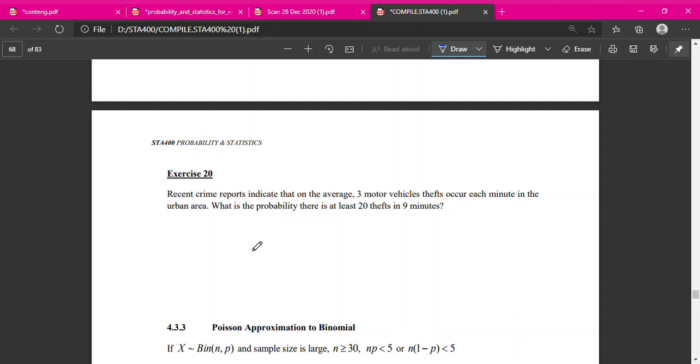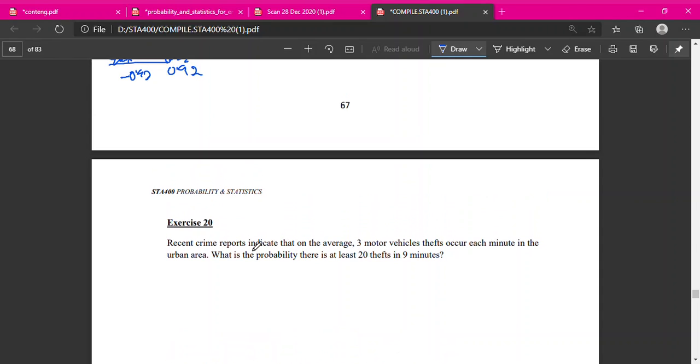Recent crime reports indicate that on average, 3 motor vehicle theft occur each minute in the urban area. What is the probability that at least 20 theft in 9 minutes? So actually the variable adalah number of theft in 9 minutes, which is dia punya mu adalah 3 in each minute.